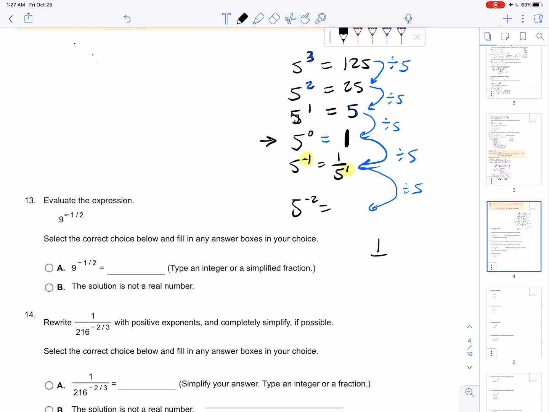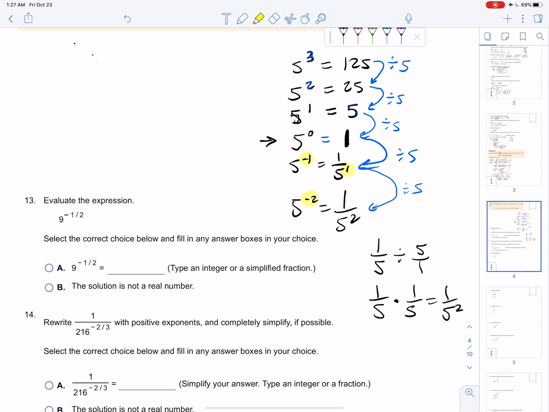Let's see, 1/5 divided by 5 over 1. How do you divide fractions? You take 1/5, multiply by the reciprocal, which makes 5 times 5, that's 5 squared in the denominator. So this is just 5 squared, and it is definitely following a pattern here.